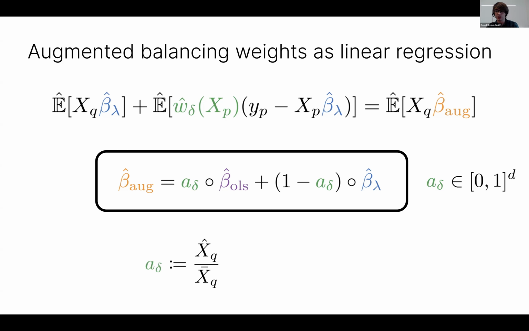And these convex combination weights have a very particular form. It's just the ratio of xq hat versus xq bar. So if you recall, xq hat was the weights applied to the treated covariates. This is just a measure of how well you enforce this balance condition. It's the Riesz residuals written as a ratio.